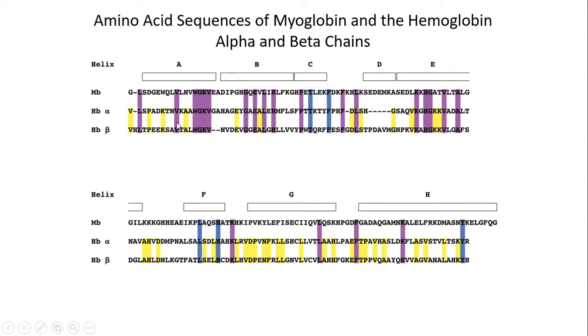Remember, we call a single amino acid in a polypeptide a residue. Those residues that are fully conserved or identical. So we can assume from this that there's something very special about those residues that contribute to the function of these polypeptides and proteins.